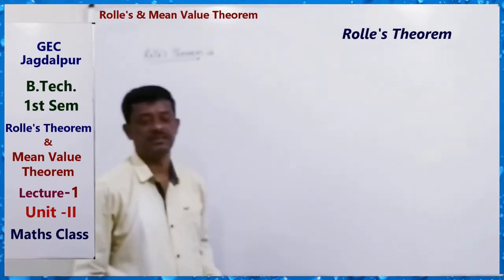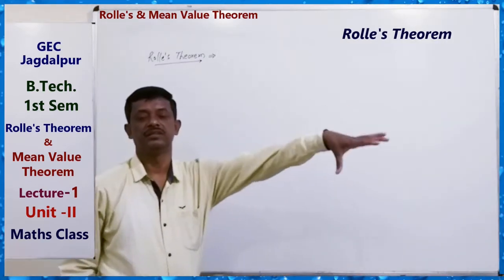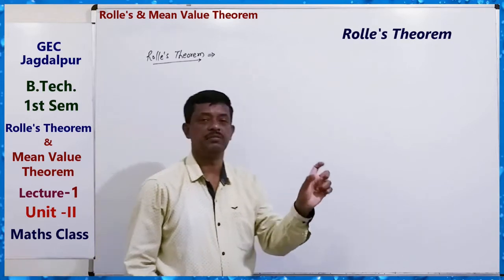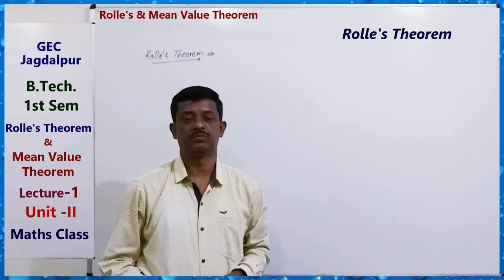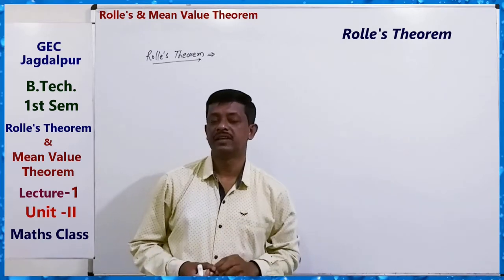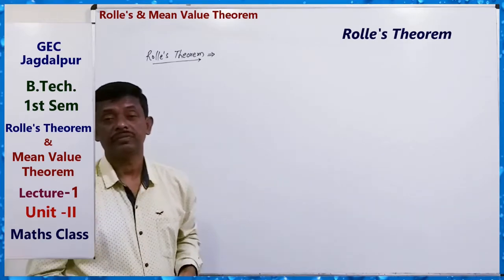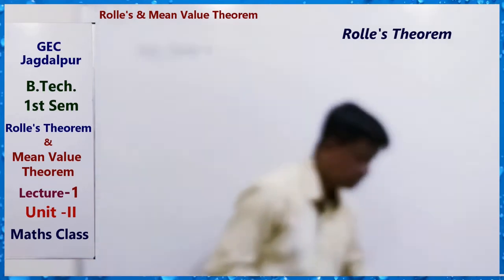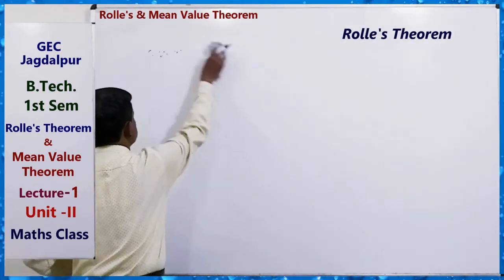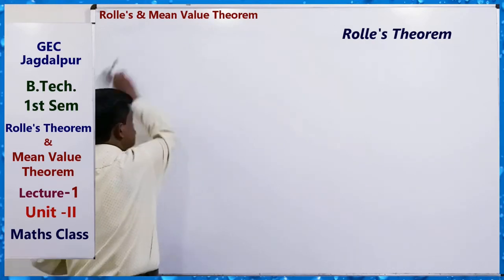Finding the value of c must lie between the endpoints a and b, then Rolle's theorem is satisfied. So for verification, we first discuss continuity, differentiability, and f(a) equals f(b).